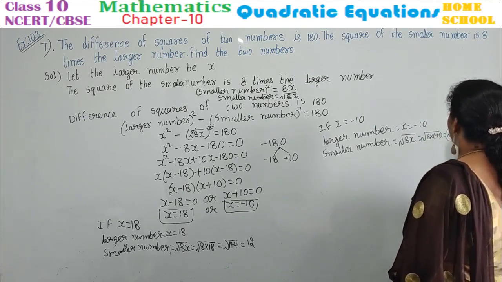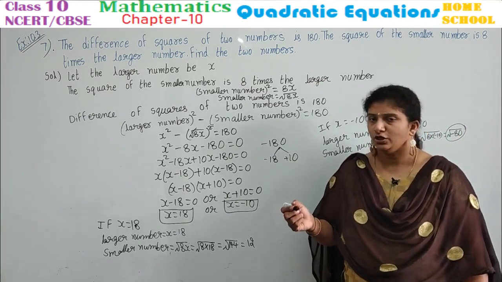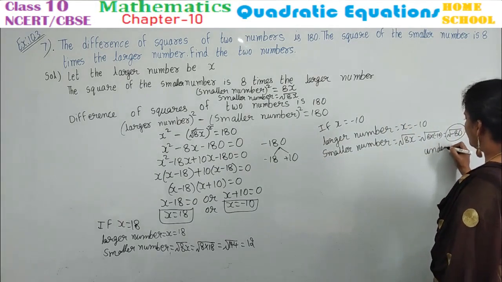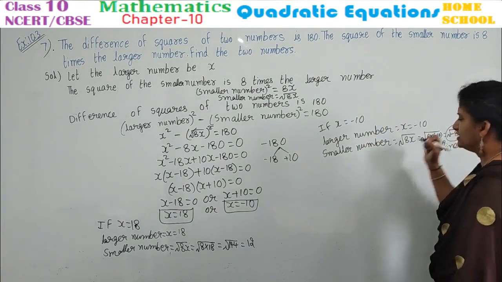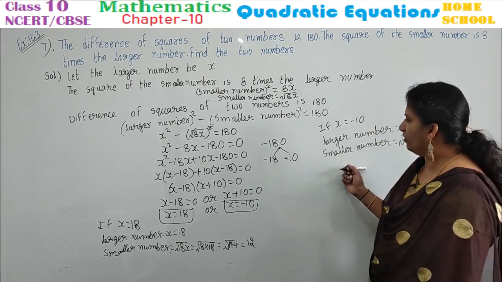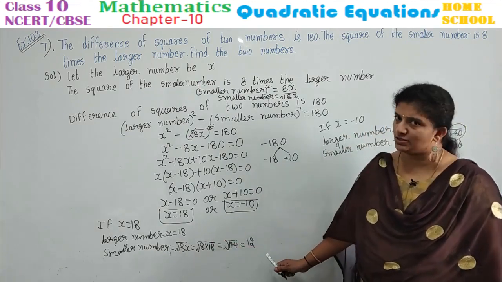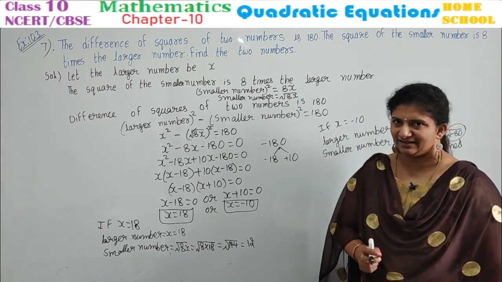Children, do you remember if you have a negative value in a root, can you define that? No. Therefore, it is undefined. We cannot define the value of this root. Therefore, larger number is 18 and smaller number is 12 and I won't consider x is equal to minus 10.